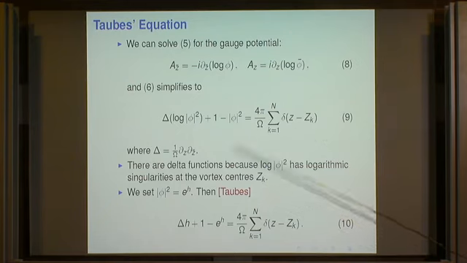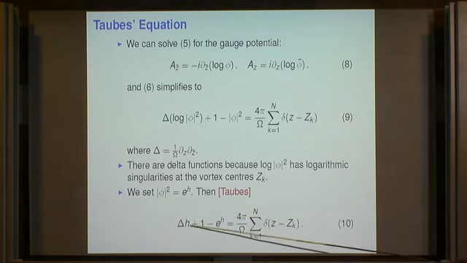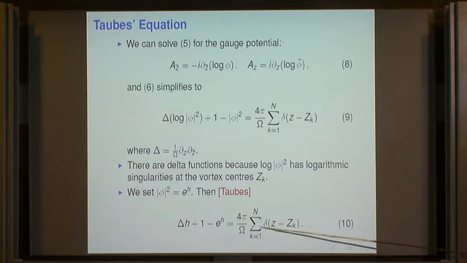And this formulation is called Taubes' equation, reducing the Bogomolny equations to just a scalar equation for mod phi. And actually, there's another version. If you put mod phi squared is e to the h, then you get an equation for h. And that's Taubes' equation, which originally was in the plane, but is also valid on a curved surface, provided you throw in this omega.